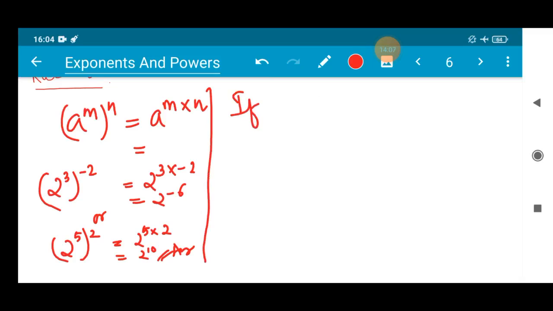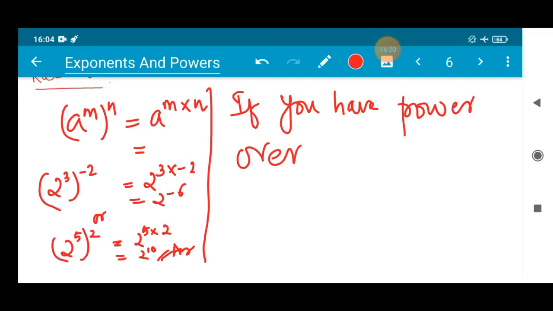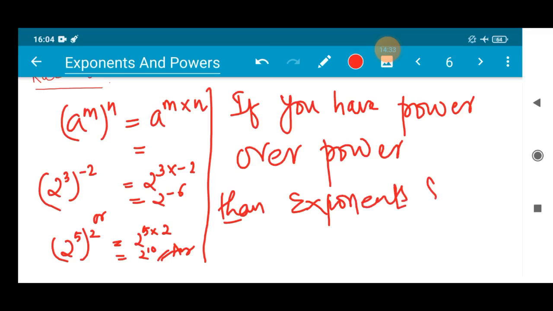If you have power over power, or exponents over exponents, let me write power only, it's not a problem. If you have power over power, then exponents should be multiplied.